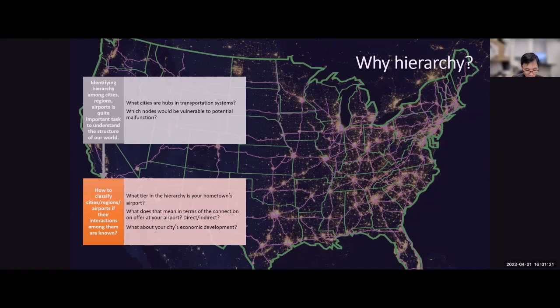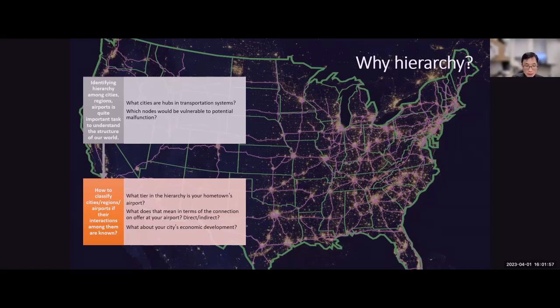Therefore, it is natural to assume that there is a certain hierarchy among cities based on their level of economic activities. How do we classify cities, regions, and airports if their interactions among them are known? Because transportation is what drives the demand between cities, it generally creates different levels of interactions.